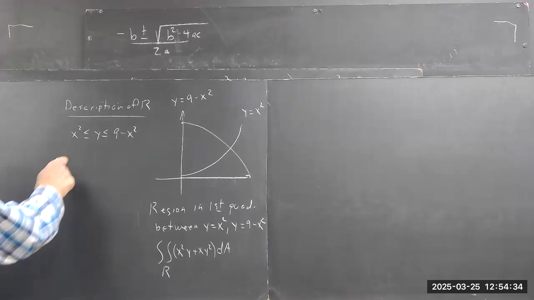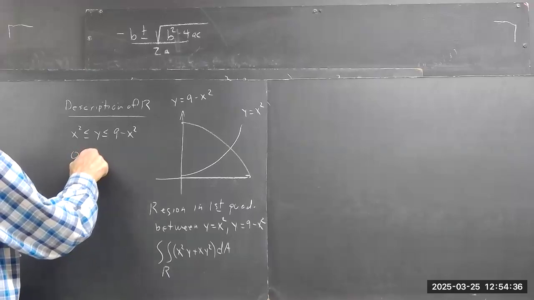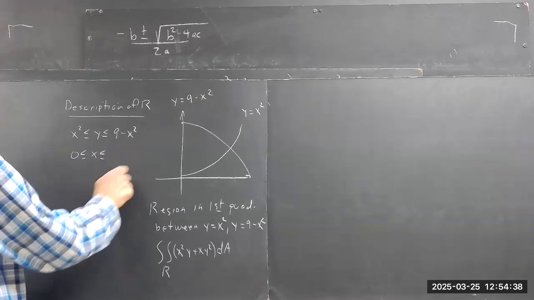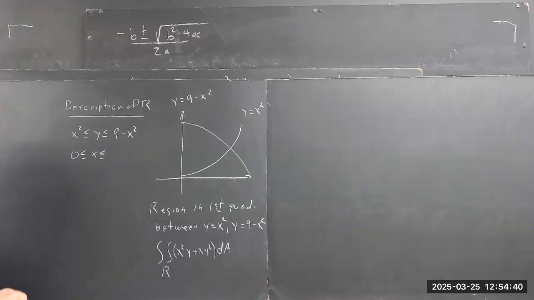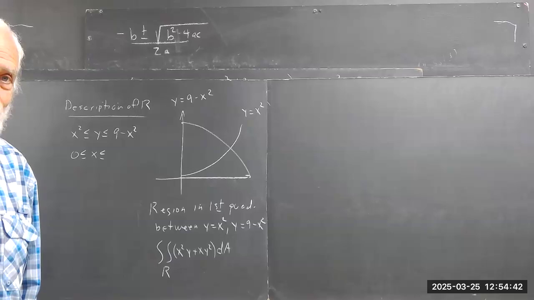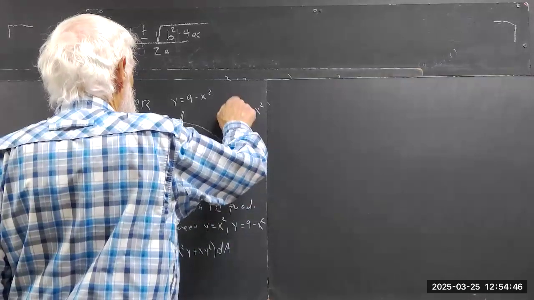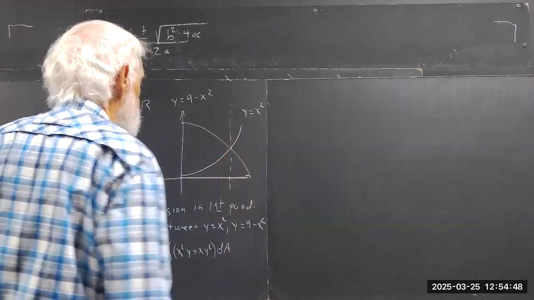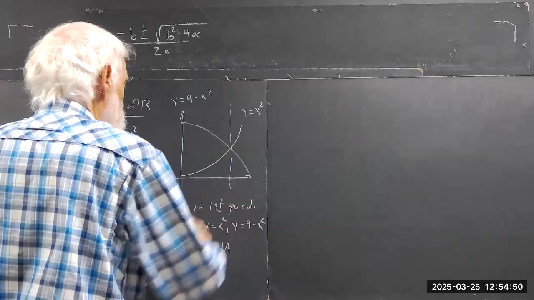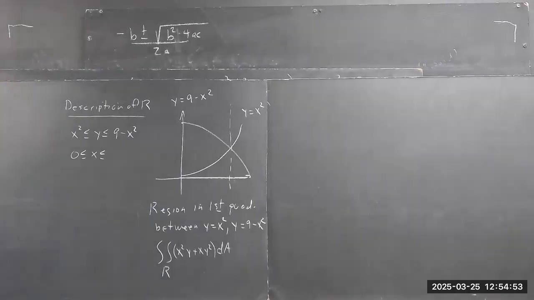Okay. And 0 less than or equal to x less than or equal to, well, we've got to figure out what x is less than or equal to. Okay. Right there is what it's less than or equal to, right?